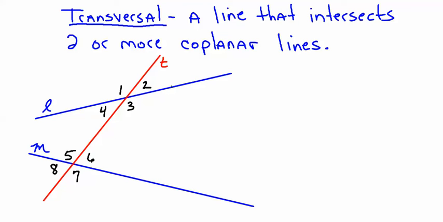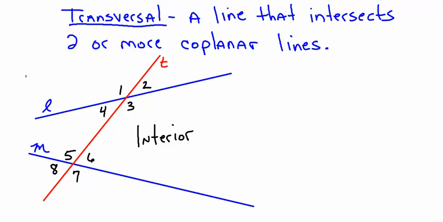All right, in relation to line L and line M, this area in between L and M is called the interior. Good. The interior.